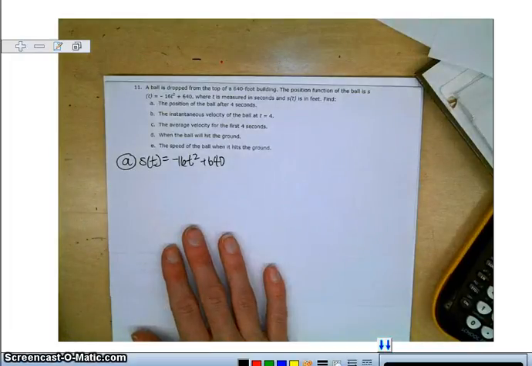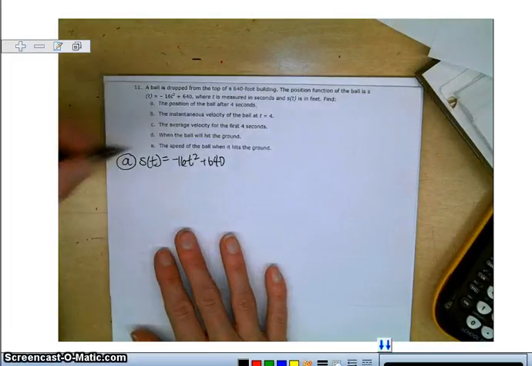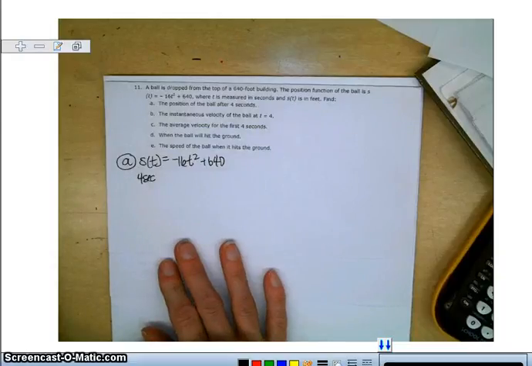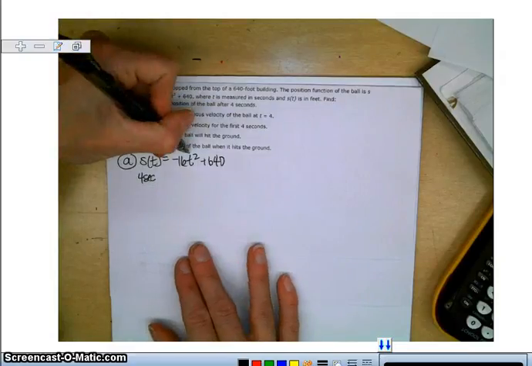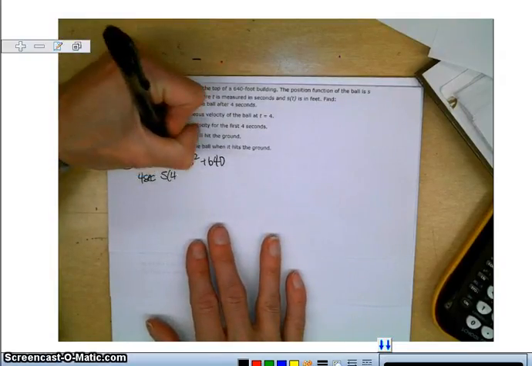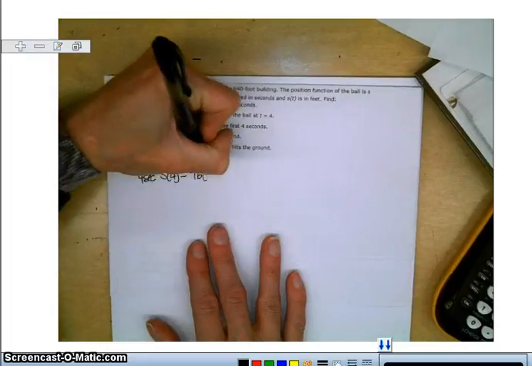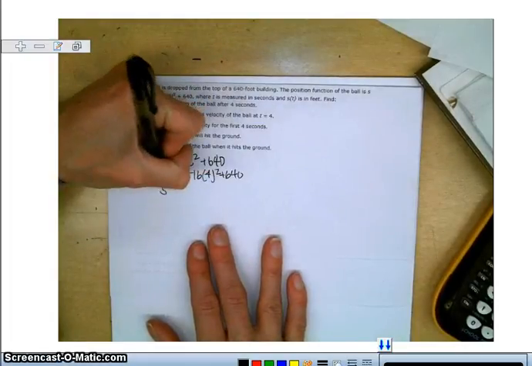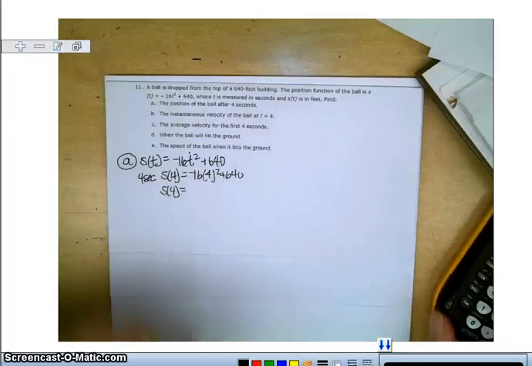Okay, so the question asks us about position. Do we have a function for position? Yes. So to answer part A, we know the position function is s of t equals negative 16t squared plus 640. So I want to know the position of the ball after 4 seconds. So any idea of what I might do? Plug 4 in for t. 4 seconds is a time. The t variable in the position function is t for time. So I'm basically finding s of 4. So negative 16 times 4 squared plus 640. Calculators are out and you are typing these in.